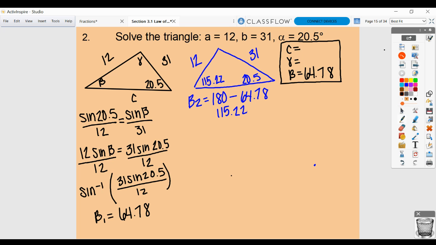Okay, so you need to go see if it can work out. So you're going to add these up. So I'll put second triangle, question mark. So 115.22 plus 20.5.